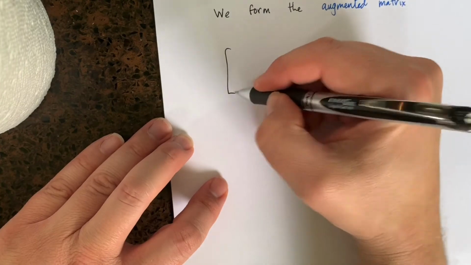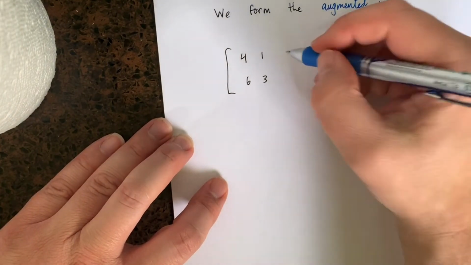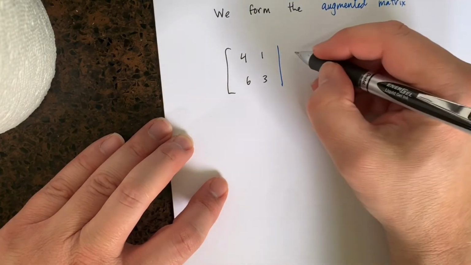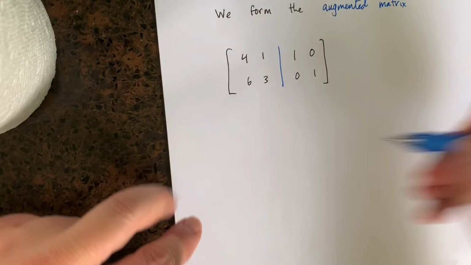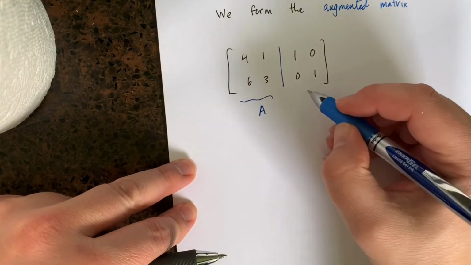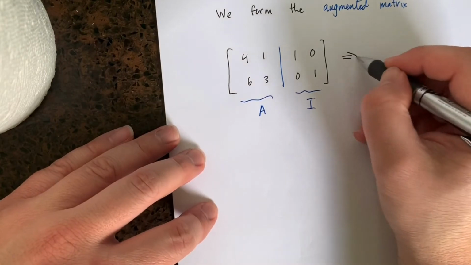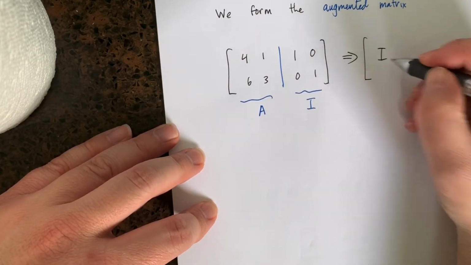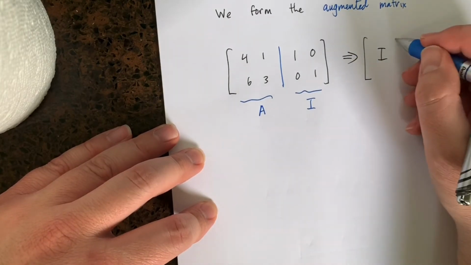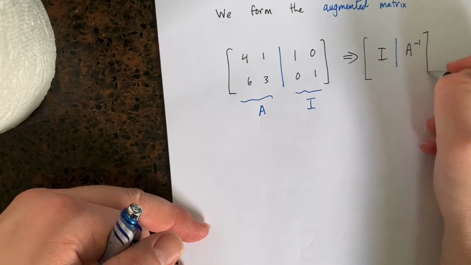So we take the matrix A, 4, 1, 6, 3, and we augment it by the identity matrix, 1, 0, 0, 1. So again, here's A, and here's the identity matrix. Perform row operations and turn it into I augmented with whatever's left on the right-hand side will be A inverse.